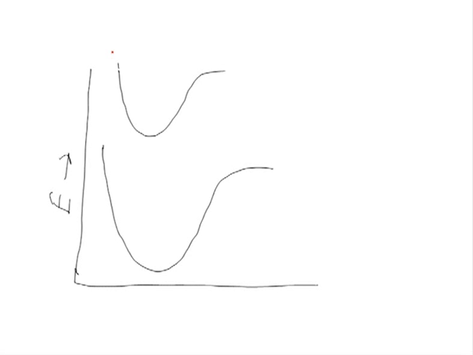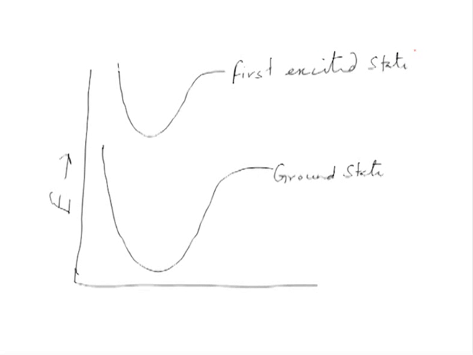All right. Now, if we see these two here, this is the ground state and this is the first excited state. This is an electronic state, you can say, and this one is the electronic energy level, and the other is the excited state, that is the first excited state.